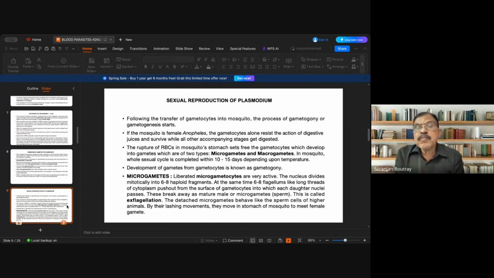The cytoplasm pushes out from the surface of the gametocyte, into which each daughter nucleus passes, and ultimately, by the process of exflagellation, the male gametes are released. After their release, these flagellated, spindle-shaped gametes are capable of moving in order to meet the female gamete.